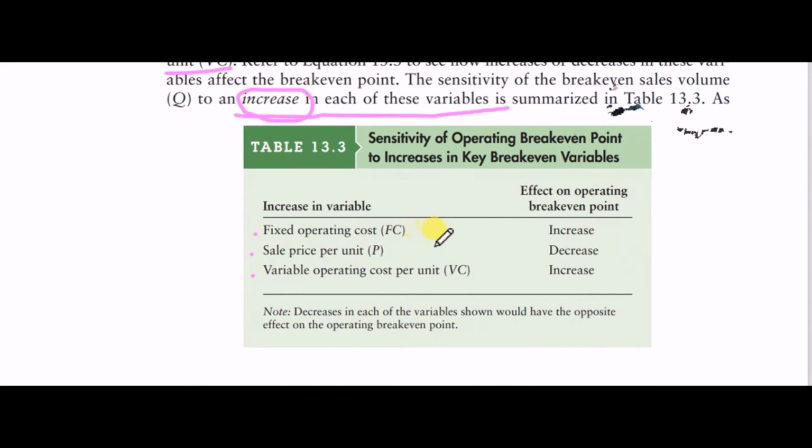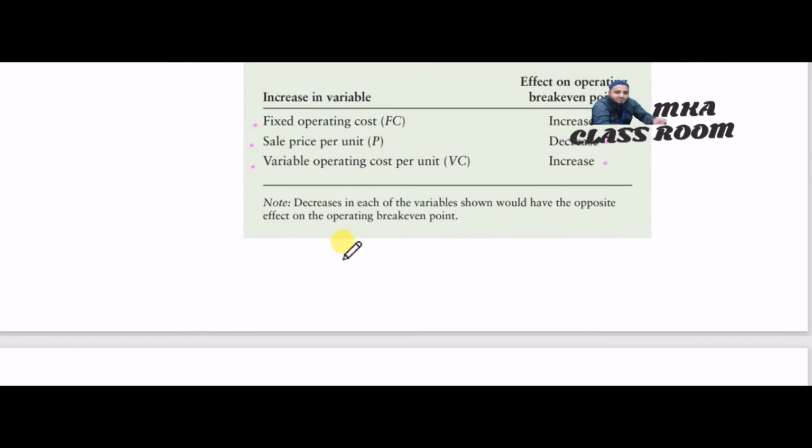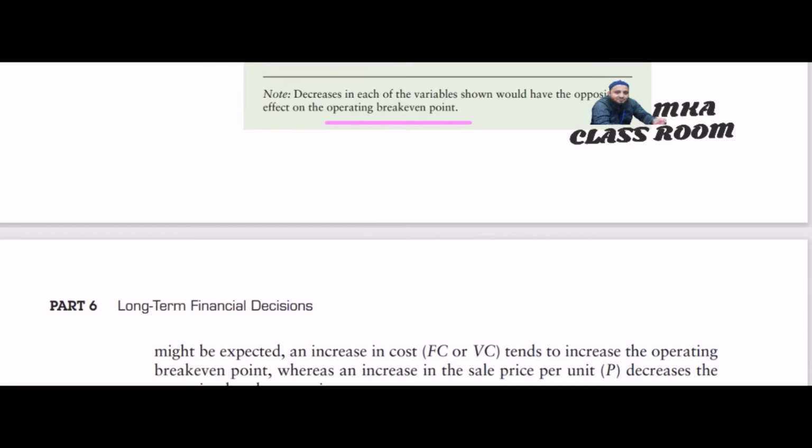If fixed operating cost increases, the operating break-even point increases. If sales price per unit increases, the operating break-even point decreases. If variable operating cost per unit increases, the operating break-even point increases. Note that a decrease in each of these variables would have the opposite effect on the operating break-even point.